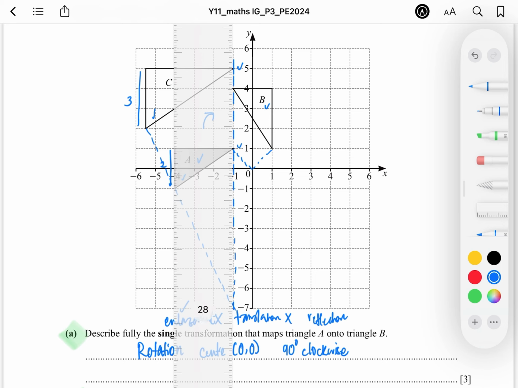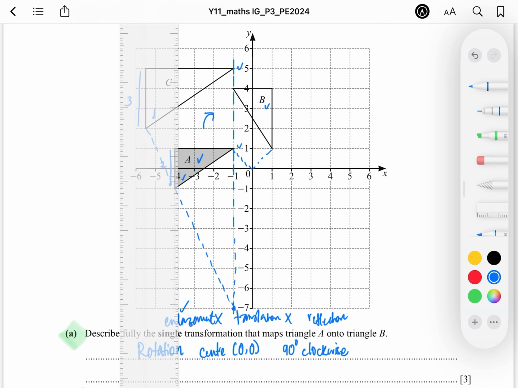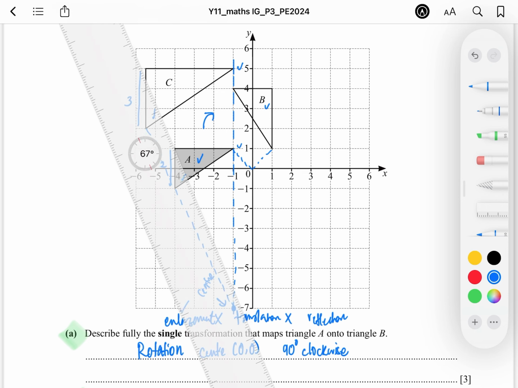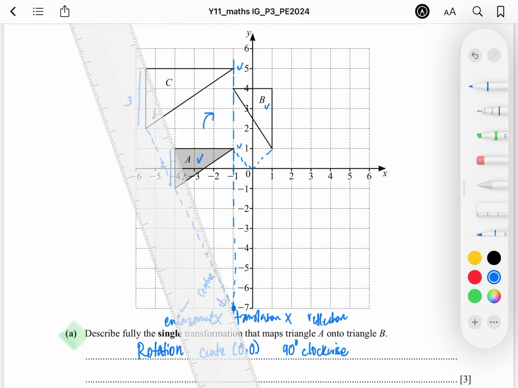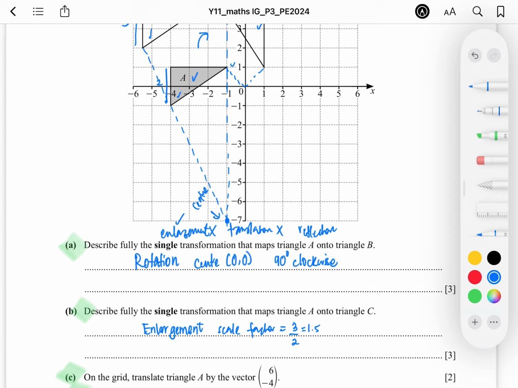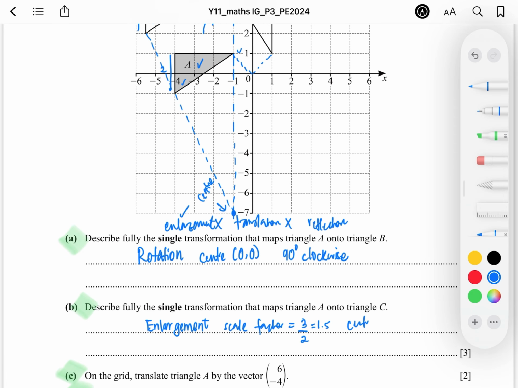You would see that these two lines will meet at one point. That would be the center. Let's just be sure, take the remaining point and see if it also meets. Yep, it meets at the same point. So for the third mark, the center for this enlargement would be the x value is -1, the y value is -7. So the full 3 marks.